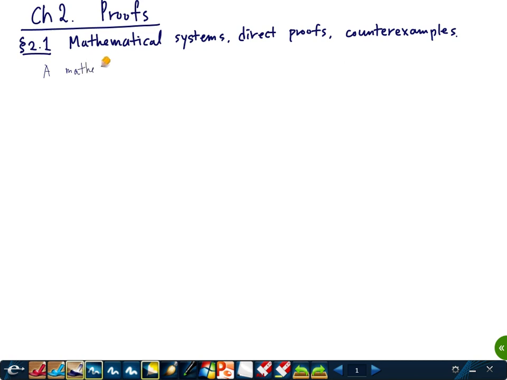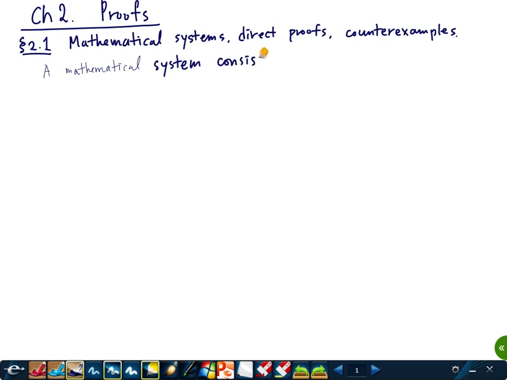Mathematical... is this visible? Okay. Maybe it's too thin. A mathematical system is what?